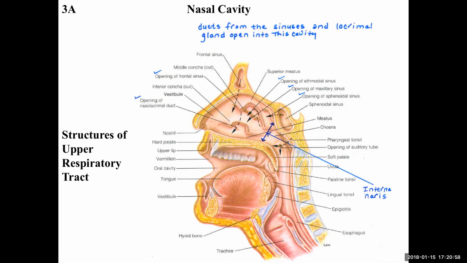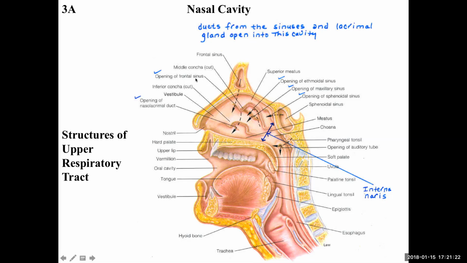We also can see that we have ducts from sinuses here, and we have the lacrimal gland also opens into this cavity. So we can take a look and see that, for example, there's an opening from the ethmoidal sinus over here. There's an opening from the maxillary sinus over here. The sphenoid sinus is here, so its opening is right there.